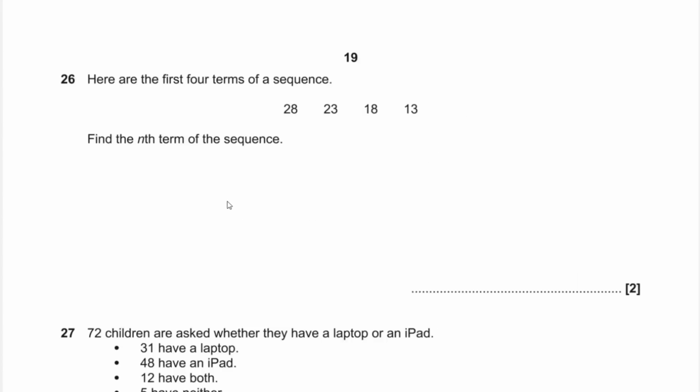Question 26. Here are the first 4 terms of a sequence: 28, 23, 18 and 13. We have to find the nth term of the sequence. The first thing we can do is find out what the difference is between each of these terms. The difference between each of these terms is -5.